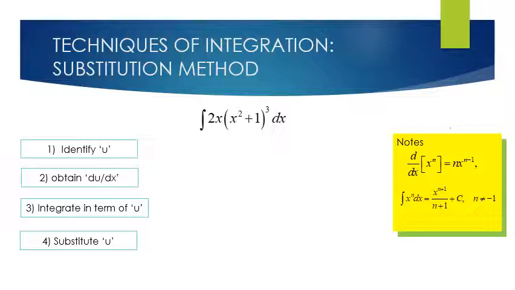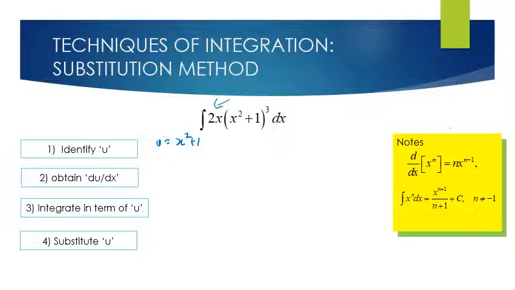Okay, we move on to another example, where we have the integral of 2x times (x squared plus 1) power 3 dx. First we need to identify what u is here. It's more common sense. For me, I will choose u equal to x squared plus 1. Why? Because I can see that the derivative of x squared is 2x, which is outside the bracket here.